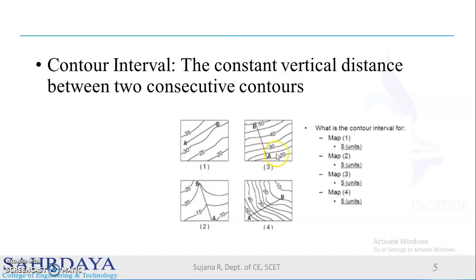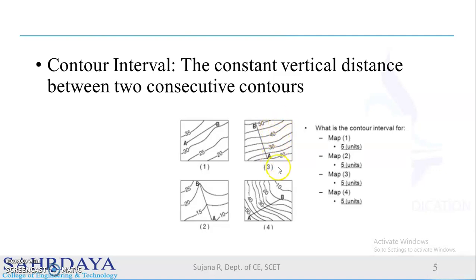In the third figure, it is shown as 20, 30, 40, but in between 20 and 30 you can see one more line. Similarly, in between 30 and 40 you can see another line, which means that even though the intermediate line is not marked, it corresponds to 25, 35, 45.